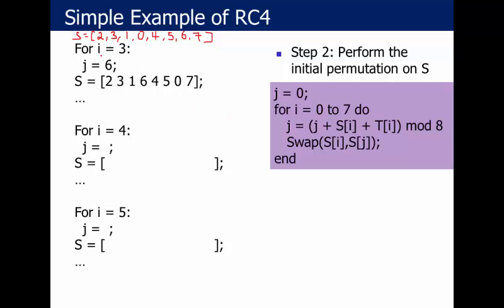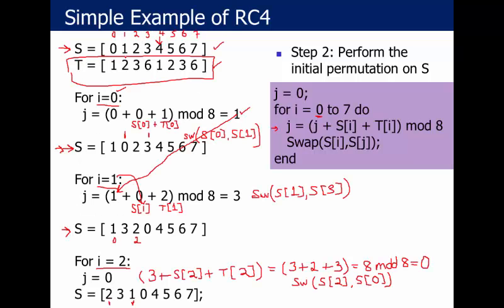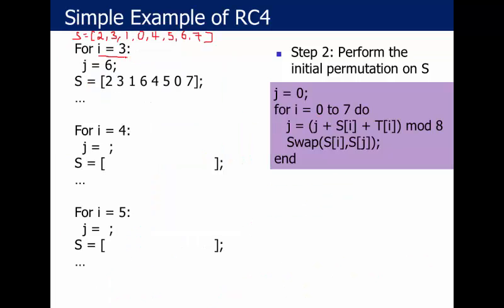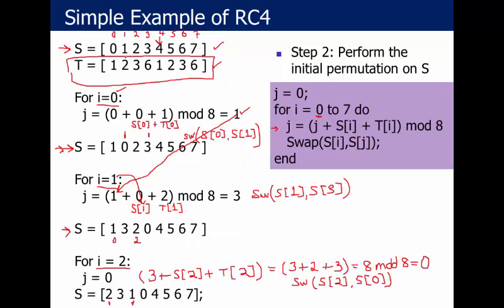So we increase I, which is I equals 3. Currently, J equals 0.